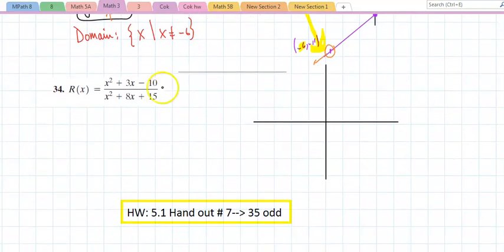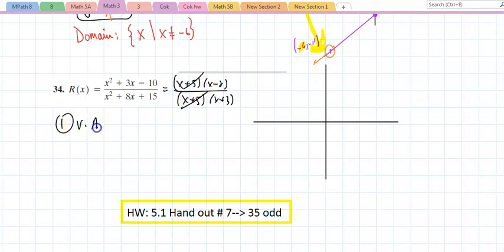And 34, if I factor the top, that's x plus 5 times x minus 2. The denominator, that's x plus 5 times x plus 3. This cancels out. So 1, vertical asymptote is only one of them, not 2, x equal -3. 2, horizontal asymptote, do you notice the top is dominated by x squared and the bottom by x squared?